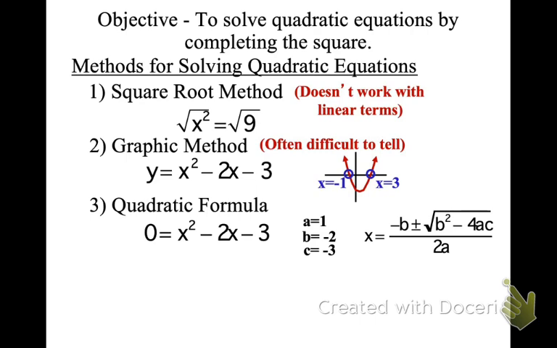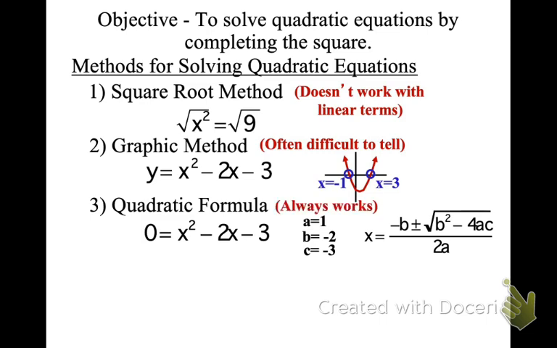The only limit there is if you're not doing the proper order of operations, then you'll get it wrong. The other thing is if you have big numbers, the quadratic formula can be difficult, like taking the square root of 5,536.